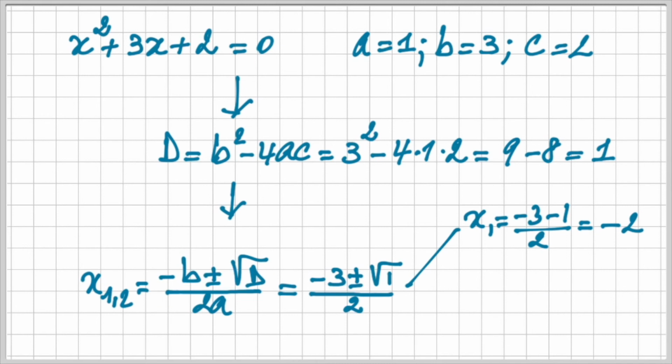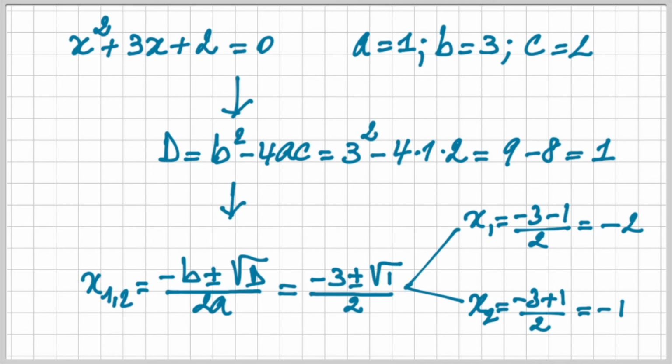When I made this assumption in my courses, it's easy to do some other exercises. I always take the lowest index as being the lowest number. So x1 in our case is minus 3 minus 1 divided by 2, which is equal to minus 2. And the second root is minus 3 plus 1 divided by 2, which is minus 1.